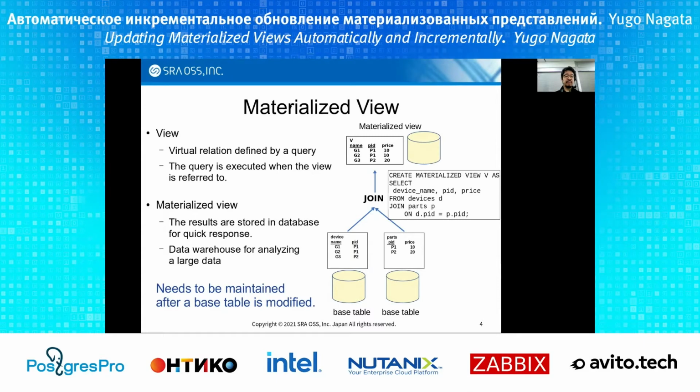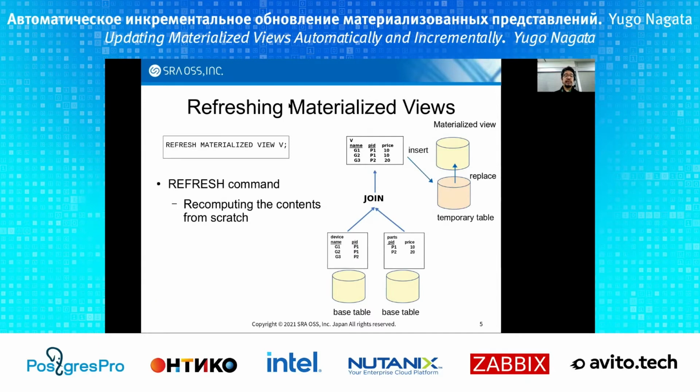However, a materialized view needs to be maintained after a base table is modified to keep consistency between the view and its base tables. Refreshing a materialized view is one way to maintain the view. In the current PostgreSQL, there is the refresh materialized view command.